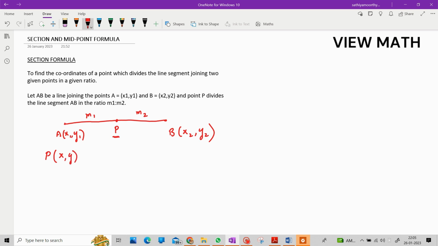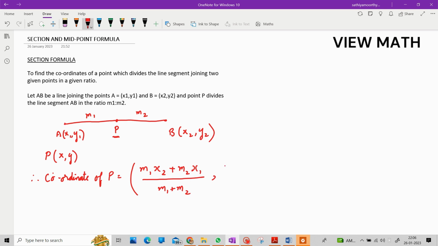We can find the coordinate of P, x and y, using the section formula. Therefore, the coordinate of P is equal to, I am writing the section formula: the x coordinate is m1 into x2 plus m2 into x1 by m1 plus m2, comma, this is the x coordinate.